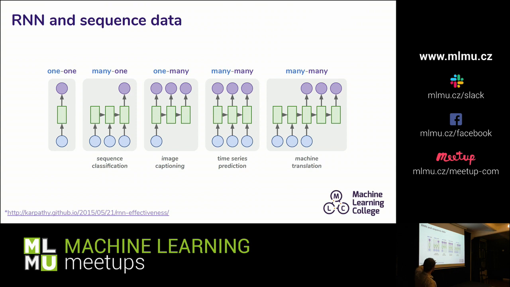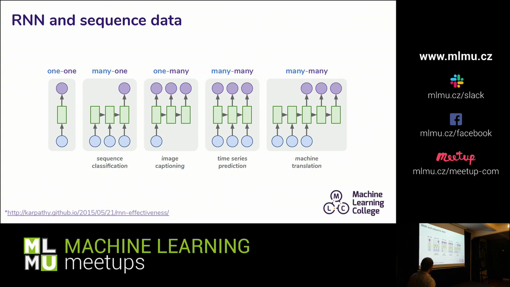I can take this and turn it upside down to have one input and then many outputs. That would be something Adam presented as image captioning. They have an image, and the model needs to understand it and then create a sequence of words. Or I can have a many-to-many case, like the one at the beginning when we are predicting in each time step the runoff in the river from the rainfall information.